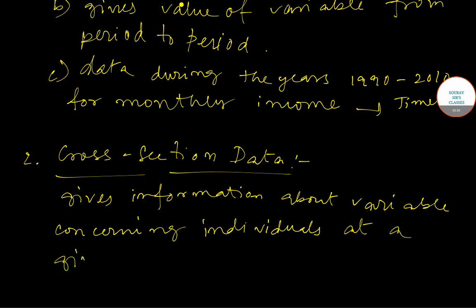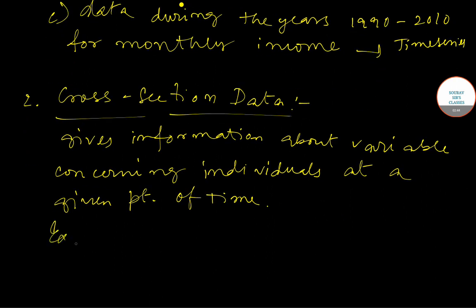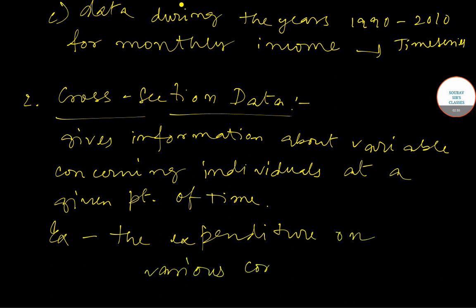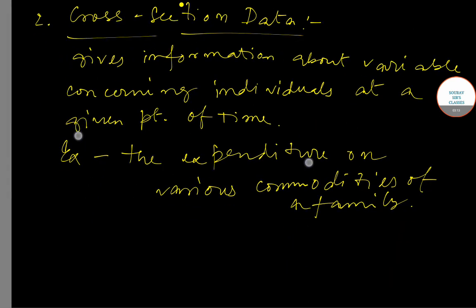For example, the expenditure on various commodities of a family. Here we are actually taking the data for different commodities, and as we are taking individual commodity as a measurement, so this is of course a cross-section data.